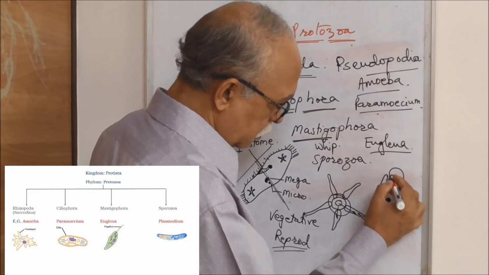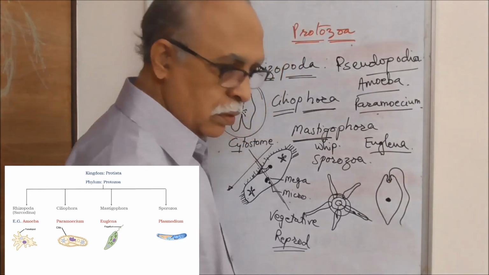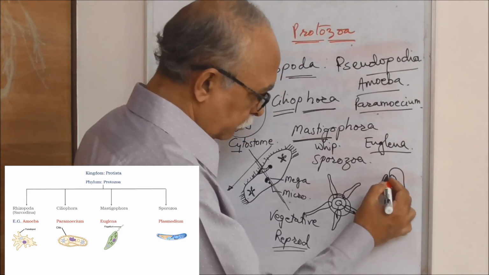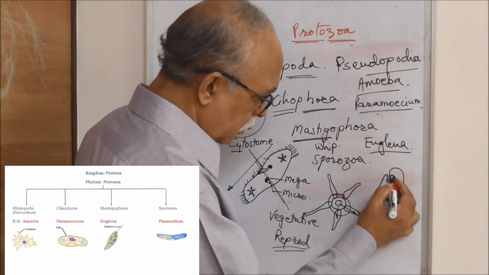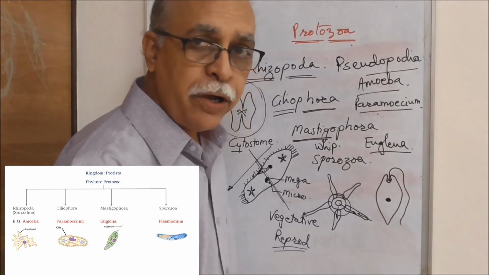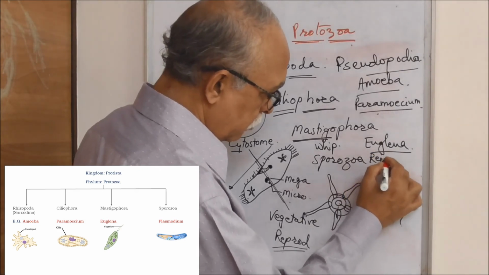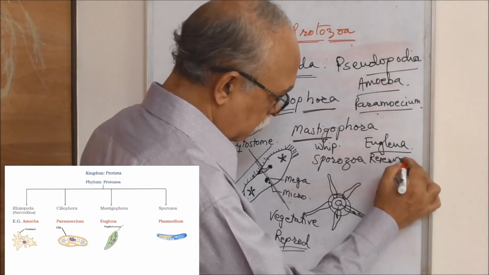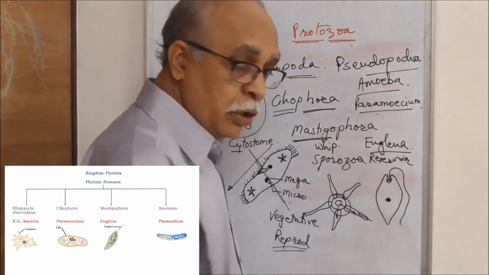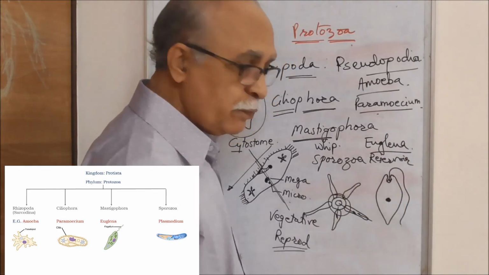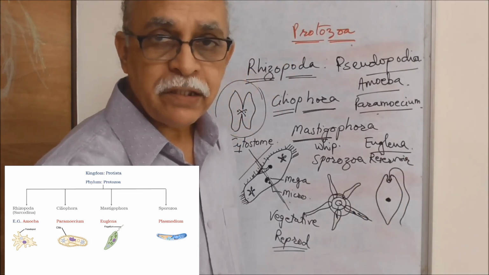It's a tiny spot, and this invagination is called a reservoir. Uniquely, Euglena is provided with plastid. Chloroplast it has got.